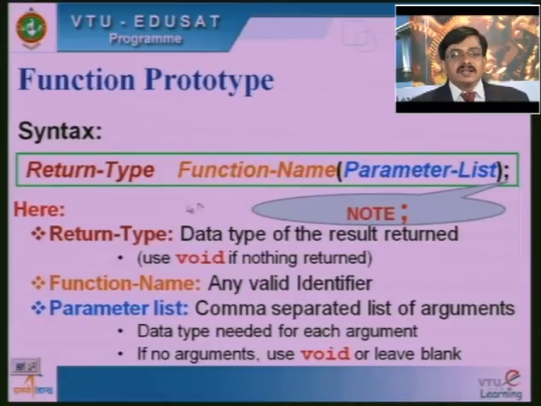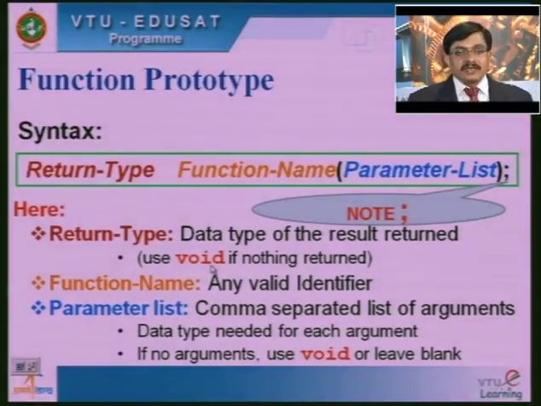Return type means the data type of the result returned. What type of data the function should return after performing the operation is specified as the return type. If the function is not returning anything, then we can specify that as void. Void is a special data type whose size is 0 bytes. We normally do not declare any variable of type void; we declare only variables of type int, float, char, and so on.